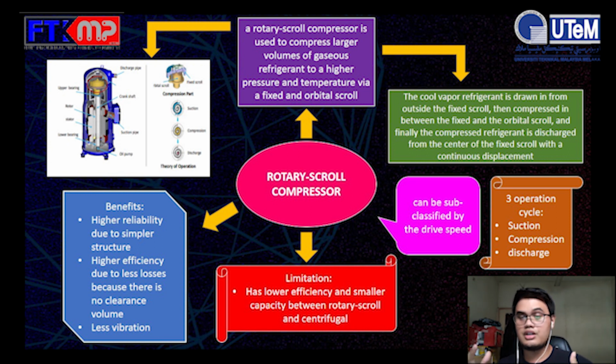Second, higher efficiency due to less losses because there is no clearance. And lastly, less vibration. The limitation of the rotary scroll compressor is lower efficiency and smaller capacity between the rotary scroll and centrifugal.